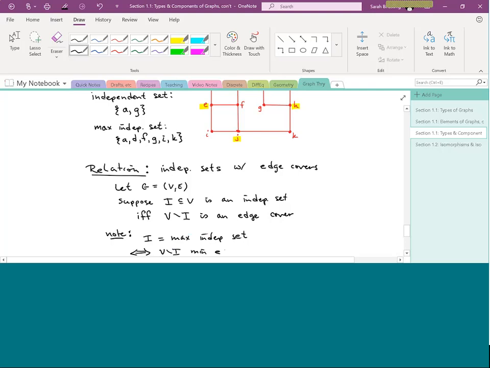And that's why I mentioned knowing that interplay is really nice, because again, sometimes it's easier to find one versus the other, especially when you're talking about maximal independent sets or minimal edge covers. Again, it depends on your graph, depends on how you think about things. And then once you have one of them, you automatically have the other one because you just delete out all the vertices you used for the one to get all the vertices for the other guy.